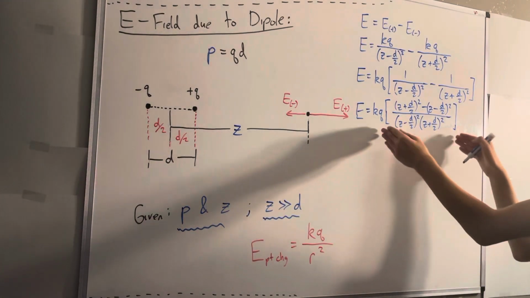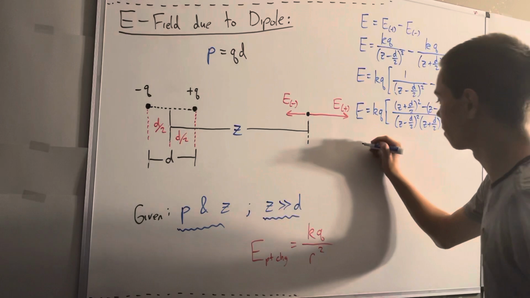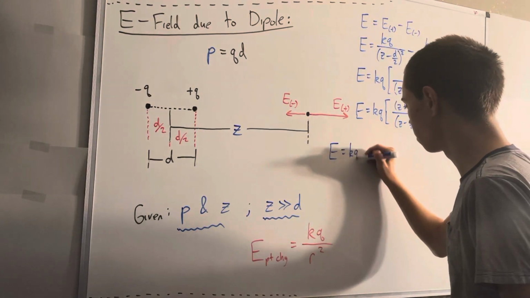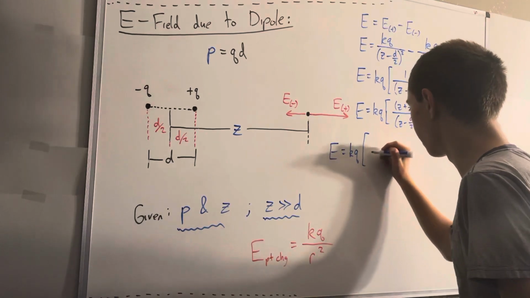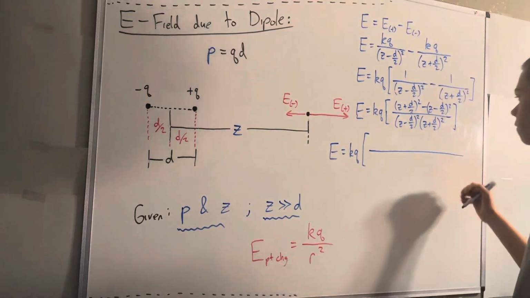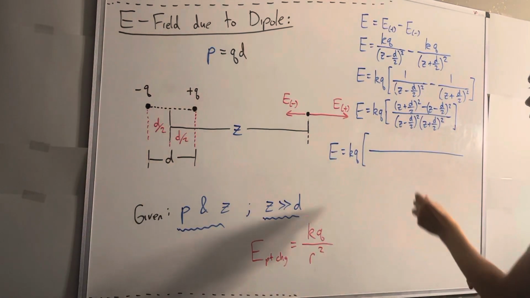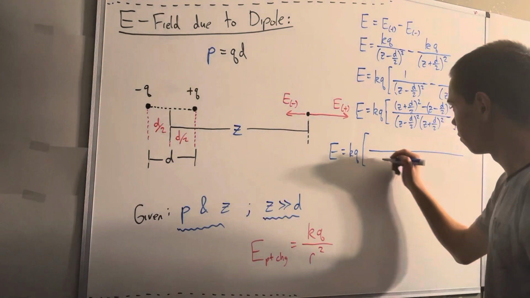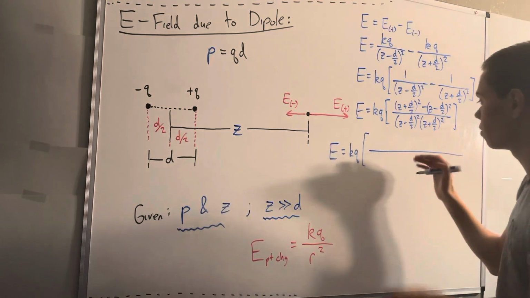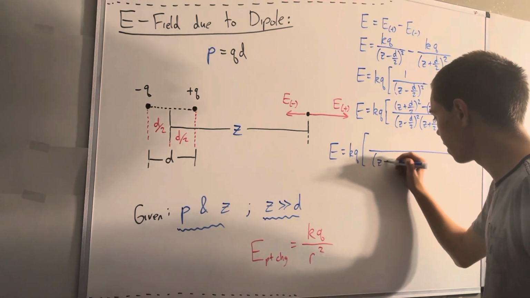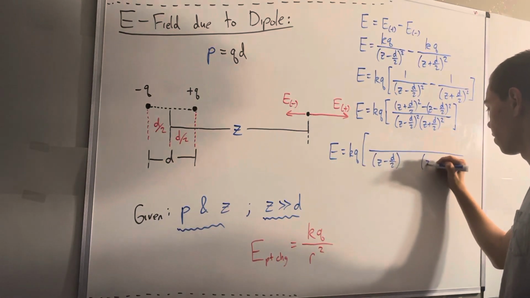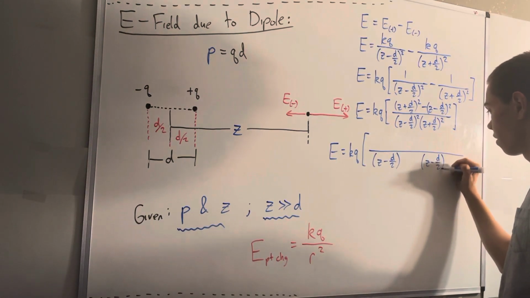And so basically we're going to simplify what we have up in here, right? So we still have KQ, and in these brackets, all right? Let's just focus on the denominator first. So for the denominator, let's notice how we can rewrite this. Really, (Z minus D over 2) squared is just (Z minus D over 2) times (Z minus D over 2), right?